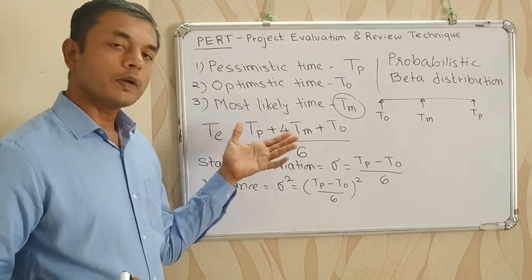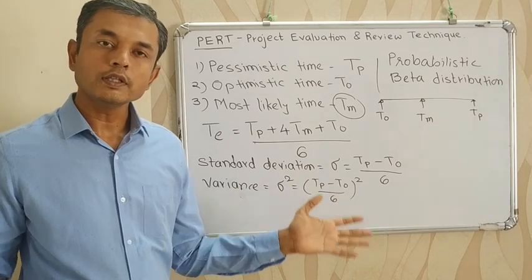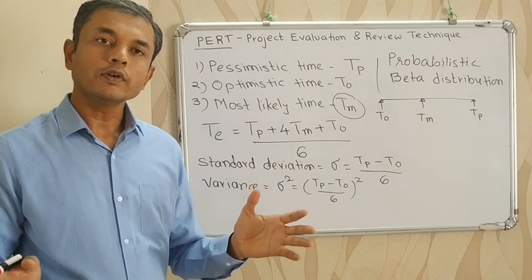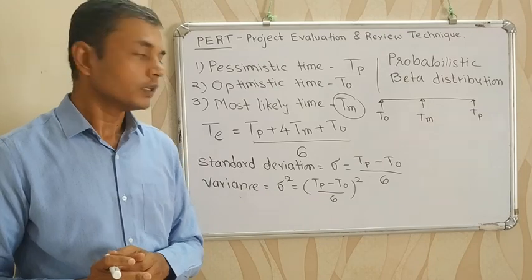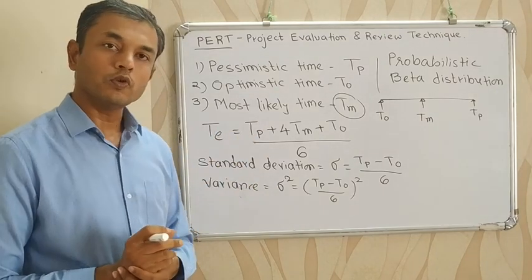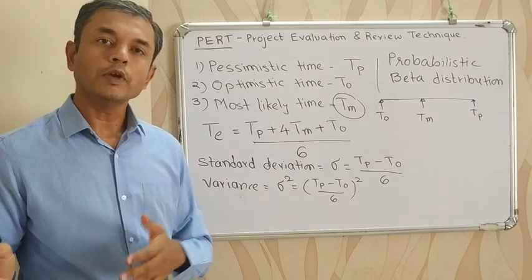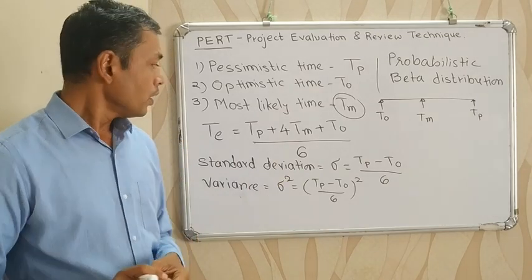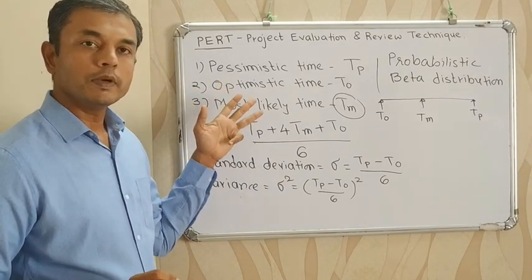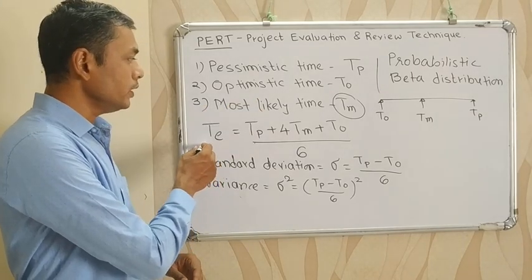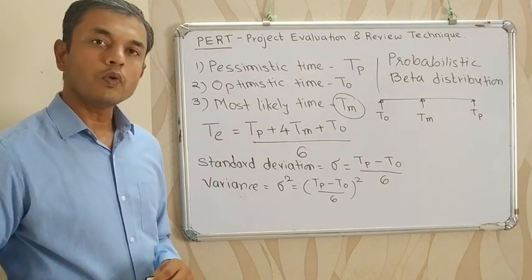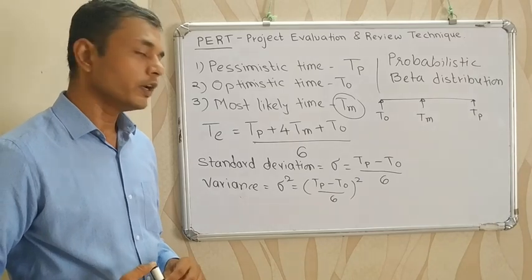Whereas optimistic time is the time when everything is in favor and the entire activity is completed in minimum duration. And third time estimate is most likely time, that is time taken by an activity to complete in majority of cases. So from these 3 time estimates we can estimate the time for activity, that is TP plus 4 TM plus TO divided by 6.